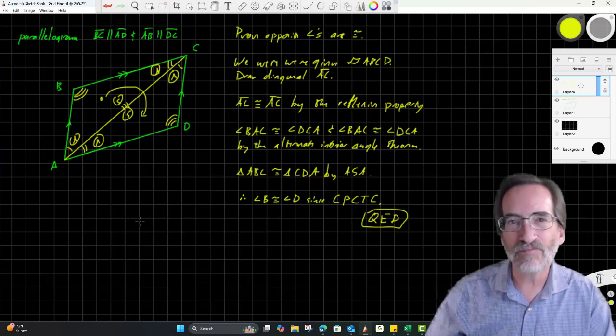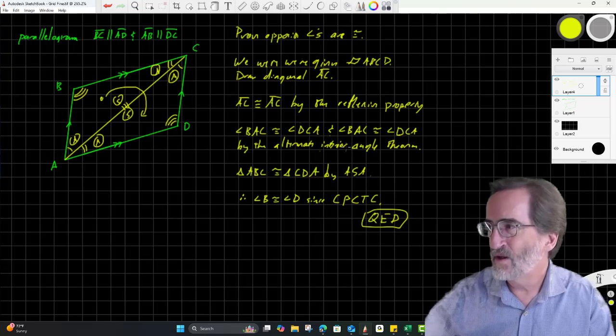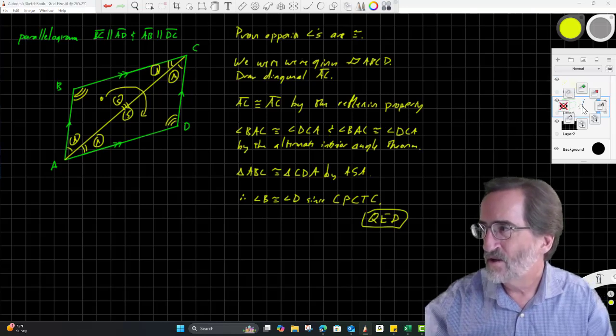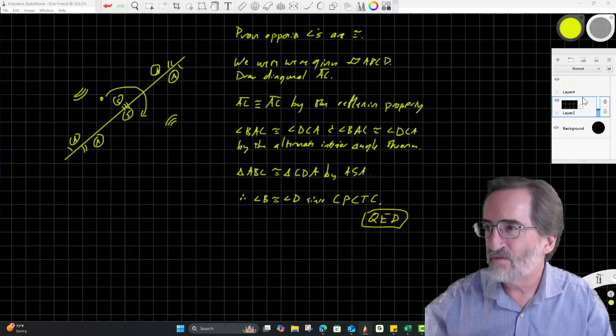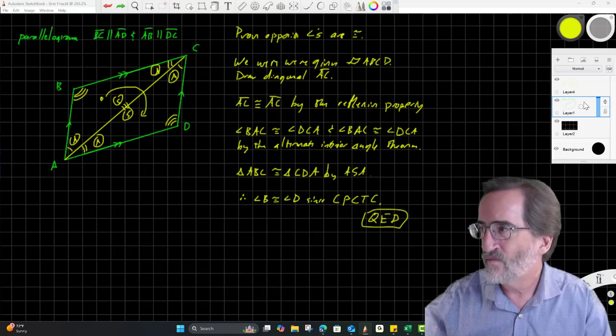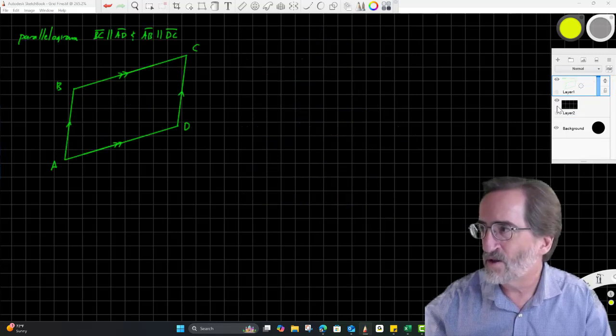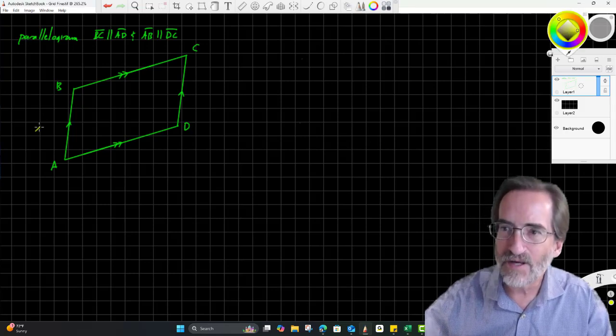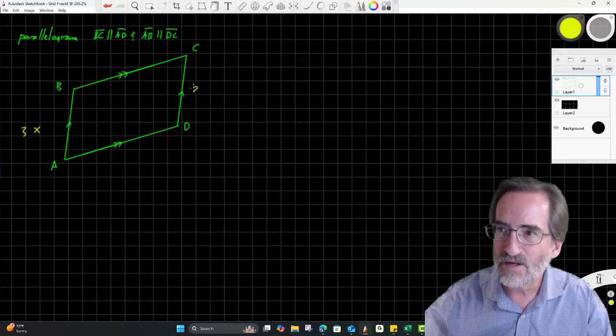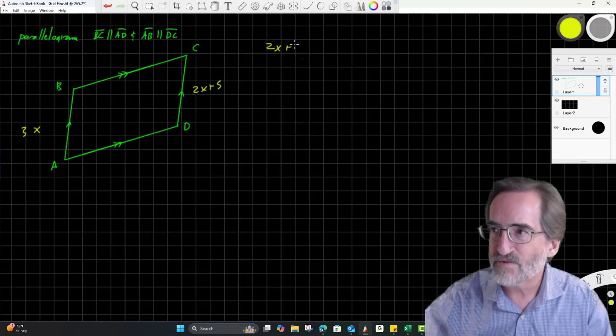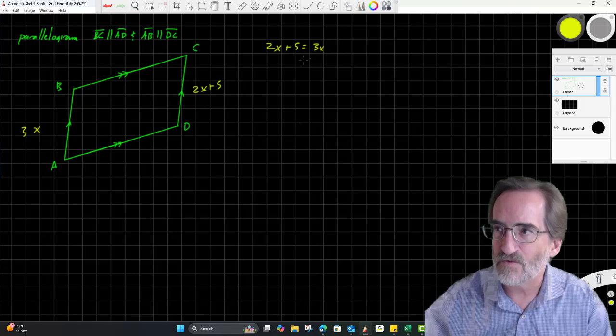Okay, and just to sum this up, what does this mean? This means if I'm given a parallelogram and I'm told that this side is 3x and this side is 2x plus 5, that they are equal. 2x plus 5 equals 3x, and you can solve. 3x minus 2x is x, and x equals 5.